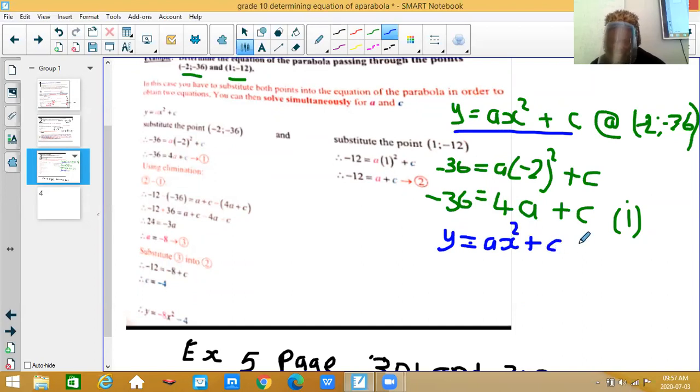But now, at which point? Which point are we taking now? 1, negative 12.